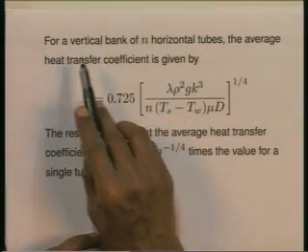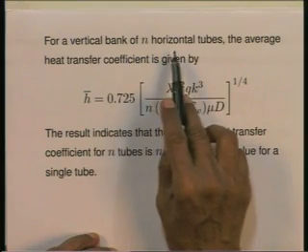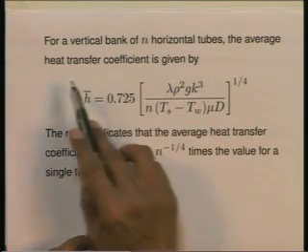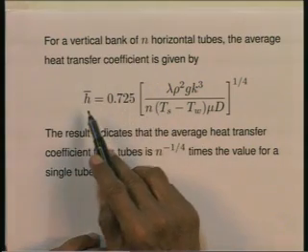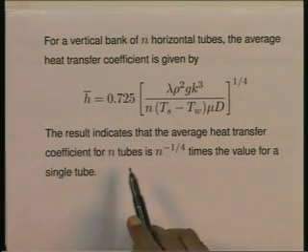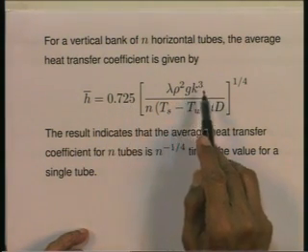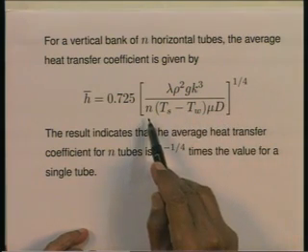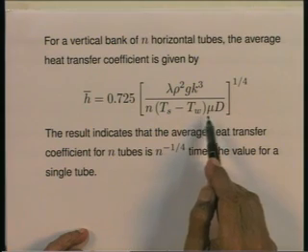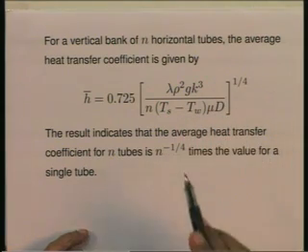Now, as I said, Nusselt extended this result to a bank of n tubes, and let me give you that result also. It is a very simple result which he derived for a bank of n tubes. For a vertical bank of n horizontal tubes, the average heat transfer coefficient h bar is given by the same constant as for one tube, 0.725 times lambda rho squared g k cubed divided by n T s minus T w mu d, the whole thing to the power of 1 by 4.